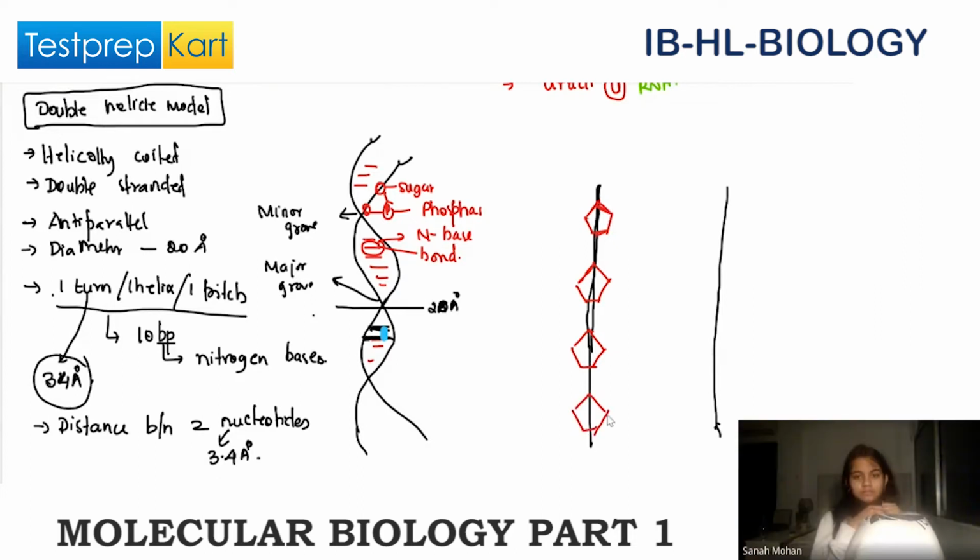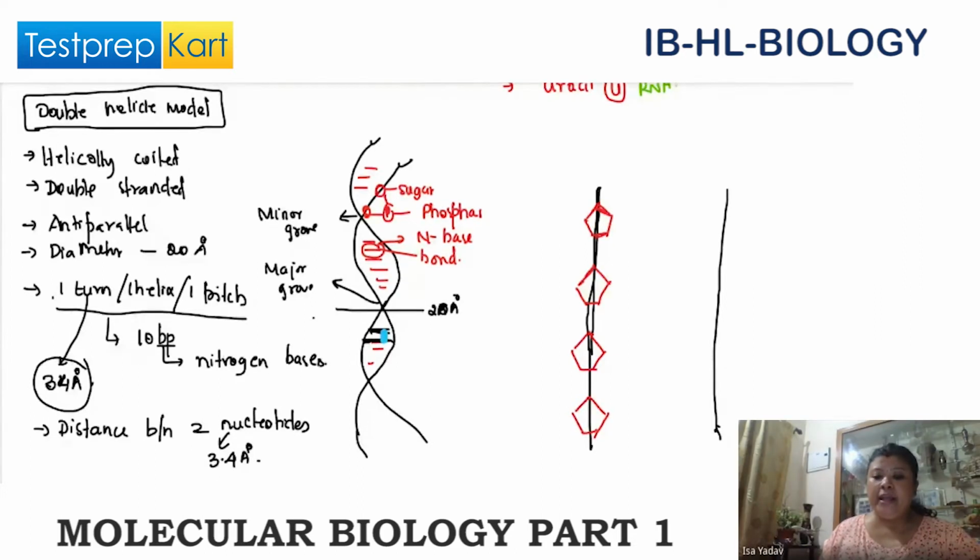When you do this for the first time, it's very difficult. So what I advise you to do is take a notebook. In that notebook, write down first whatever picture you draw. Then take your notebook upside down and draw the other strand.